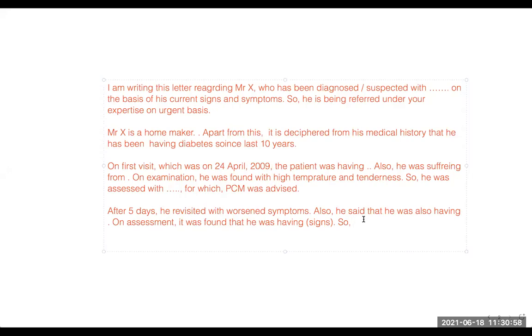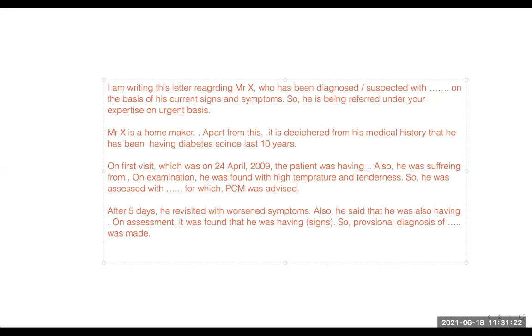So he was provisionally diagnosed. You want to modify this as well. So provisional diagnosis of the disease given in the second visit was made. Now this is a complete line. This is the subject. Provisional diagnosis of this particular disease was made.